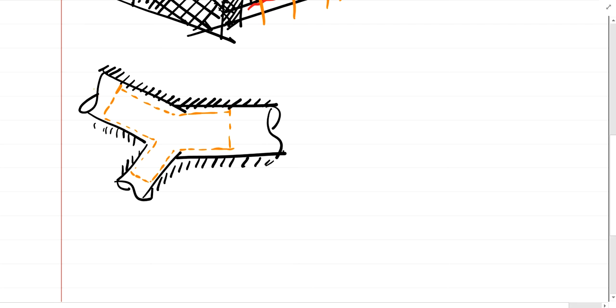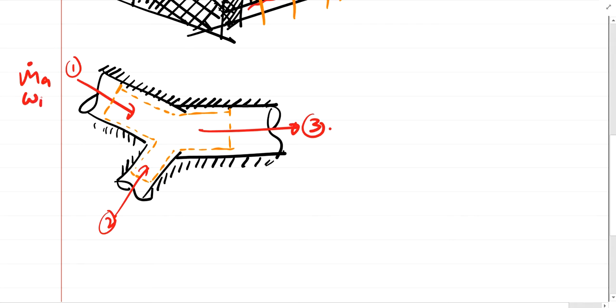Here's one entry, and let's say this is point 1, here's our point 2, and here's our point 3. At point 1 we have the mass flow rate of air, there's going to be a moisture content for that air, and there's also going to be the enthalpy of air.